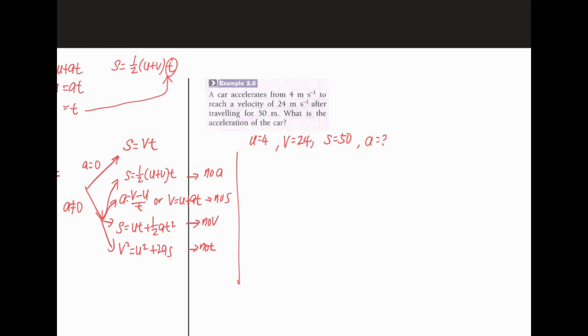When you have no t involved, so you have to use the last formula, v square equal to u square plus 2as. So v 24, u 4, 2, a is unknown, s is 50. So we just need to solve. 24 square minus 4 square divide by 2 times 50 divided by 100. So we will get acceleration equal to 5.6 meter per second per second.